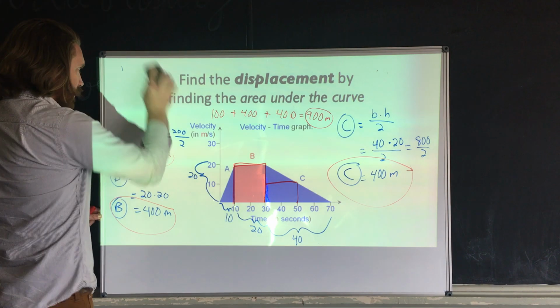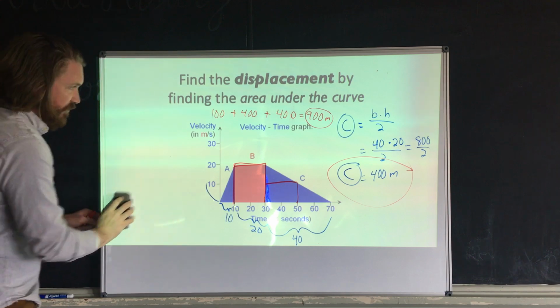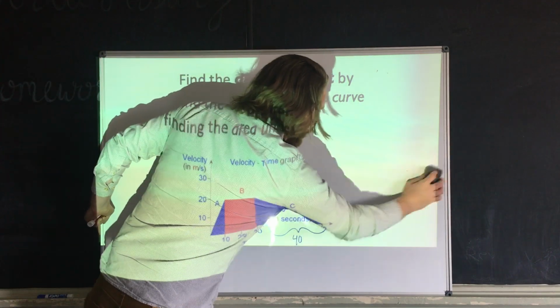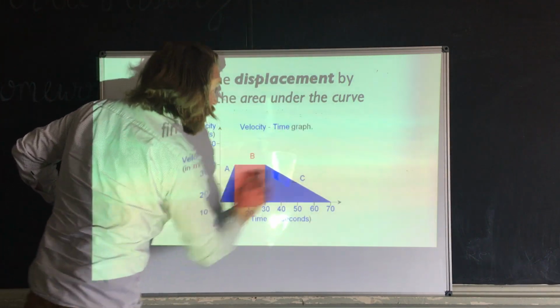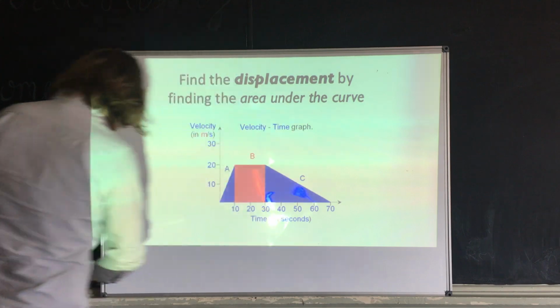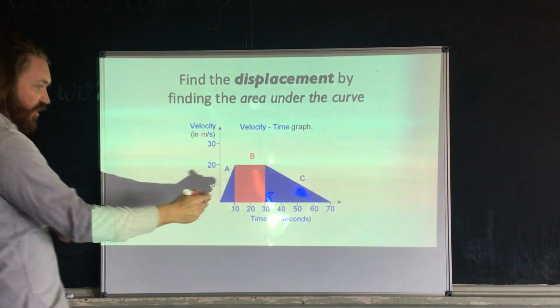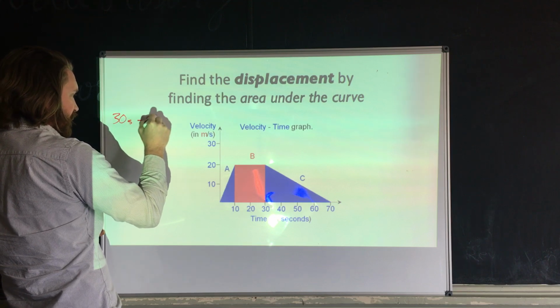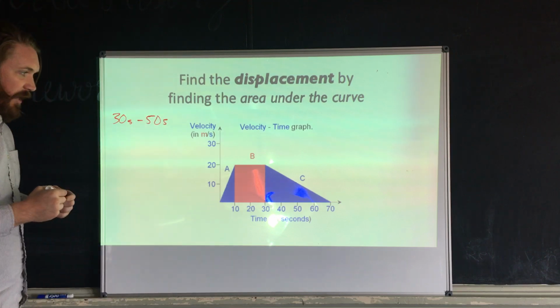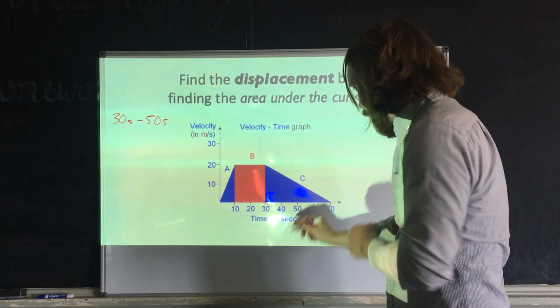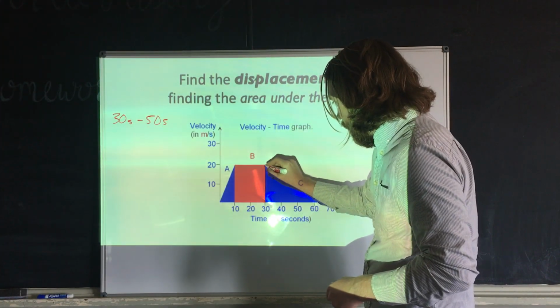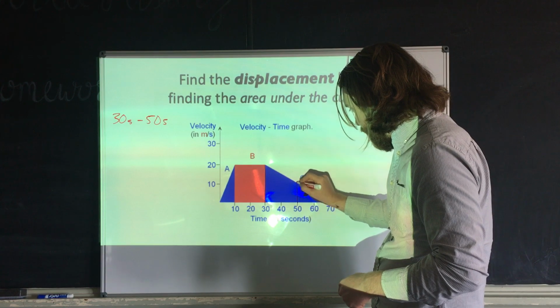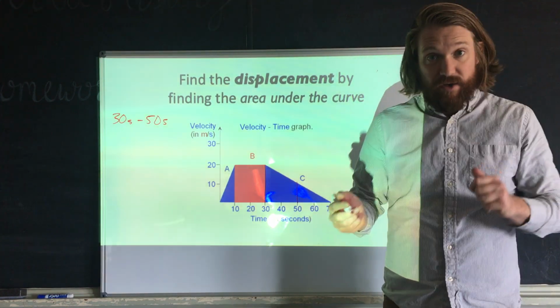Okay. So just to show you what I'm talking about, if the question ever asks between times, let's say I just want to know from 30 to 50 seconds, what is the displacement? What I would do is draw my line here, up, and from 50 seconds up, and then I'm going to make triangles and rectangles.